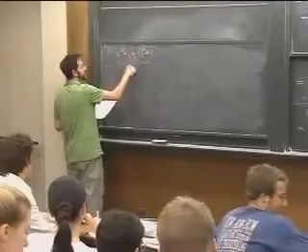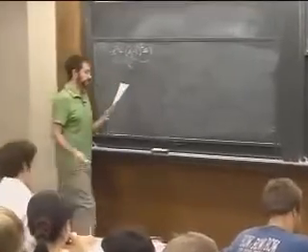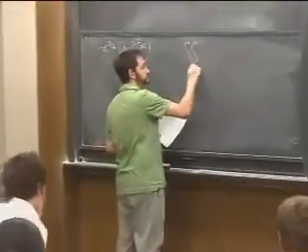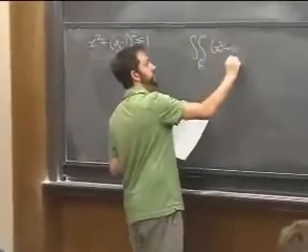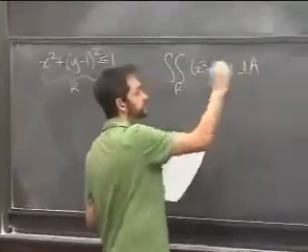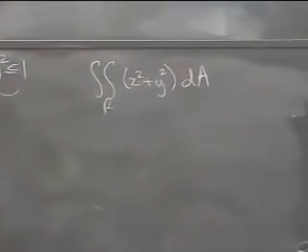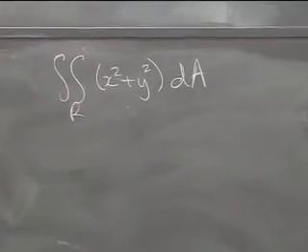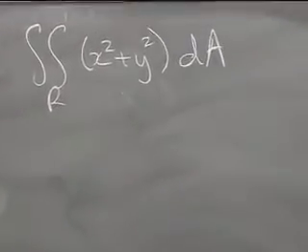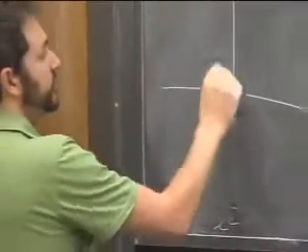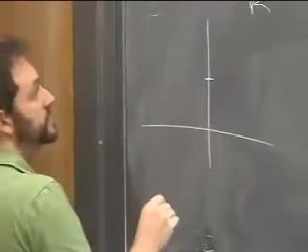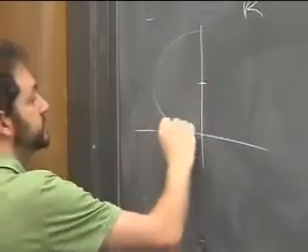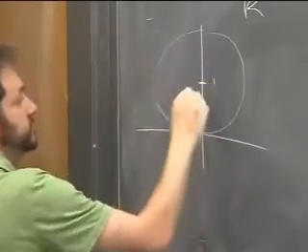That's called R. And we want to find the double integral of x squared plus y squared dA. Okay, and it even tells you to use polar coordinates. So let's draw the region. This is a circle, center 0, 1, of radius 1, or the interior and boundary of such an object.